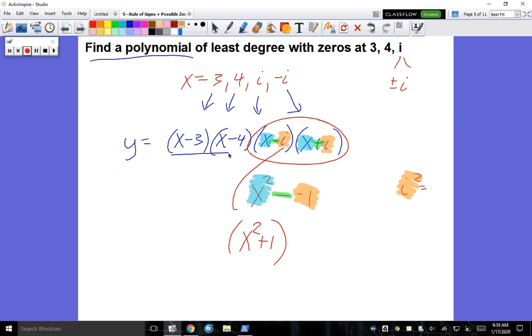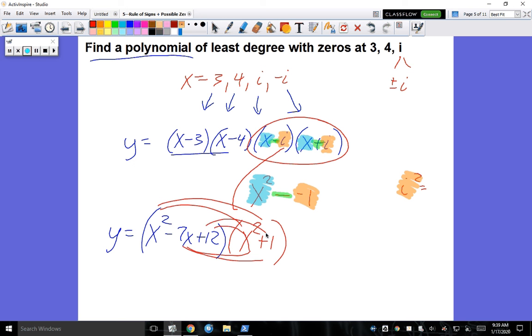So I see this, and if I FOIL it out and I distribute, what do I get? You tell me. x squared minus 7x plus 12. Nicely done. And now you can distribute this on both, and then this on both. I don't like to do that. There's 3 different distributions.